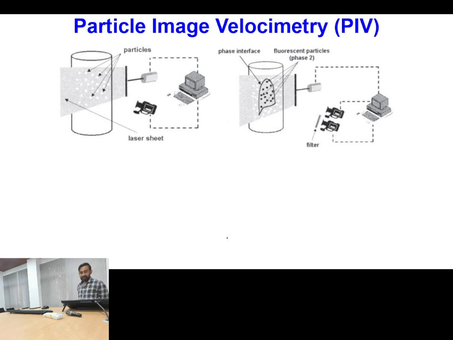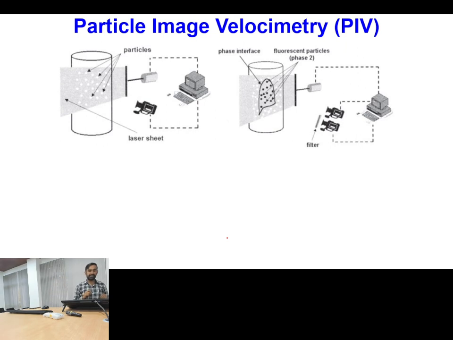One benefit in comparison to hot wire anemometry is that particle image velocimetry can give you simultaneously the velocity profile at all the locations which you have photographed.